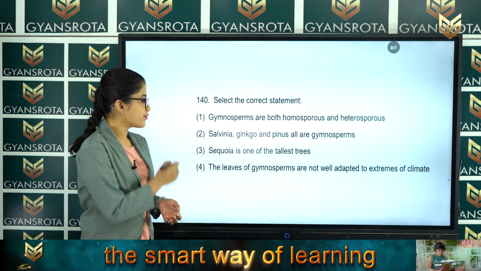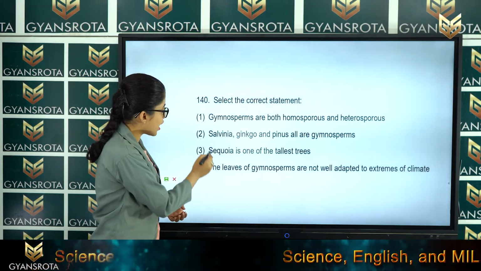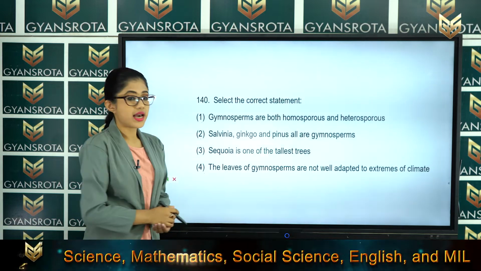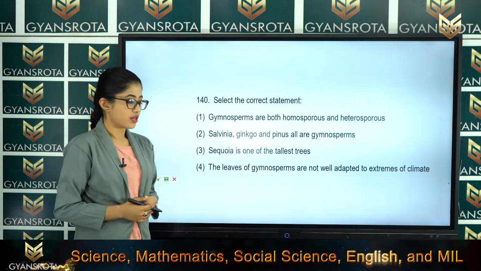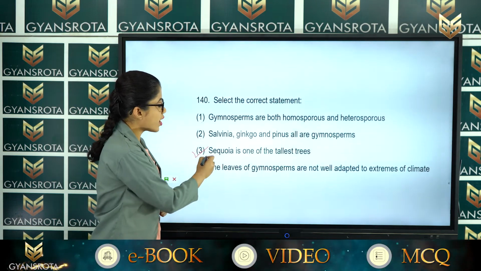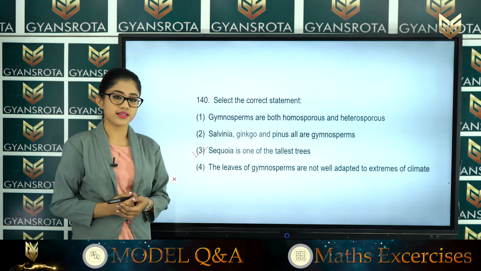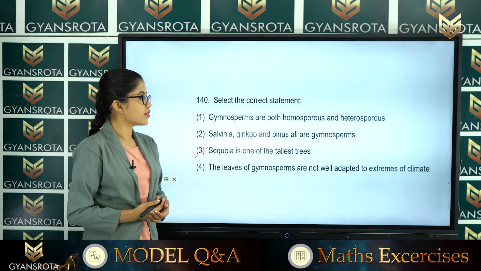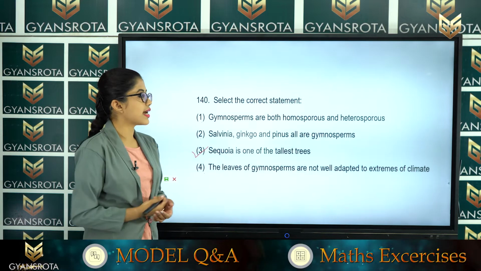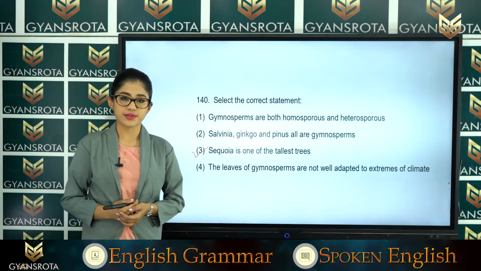So among all these 4 statements, statement number 1, then statement number 2 and in fact the statement number 4 is not correctly written. So statement number 3 that states that Sequoia is one of the tallest tree, this is the correct answer. So from these questions we have to select the correct statement. So option number 3 is the correct statement.